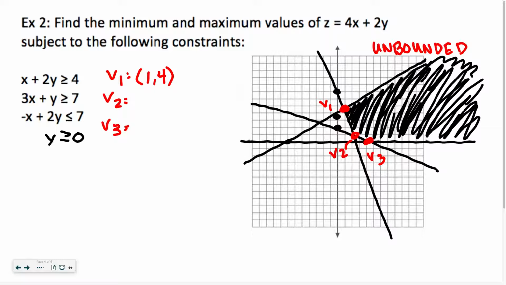What else looks like a good intersection point for you? 2, 1. That looks like my V sub 2. And that's the intersection of the first one: 2 plus 2 times 1 is 4. Yeah, that works. And the second one, 3 times 2 is 6 plus 1 is 7.